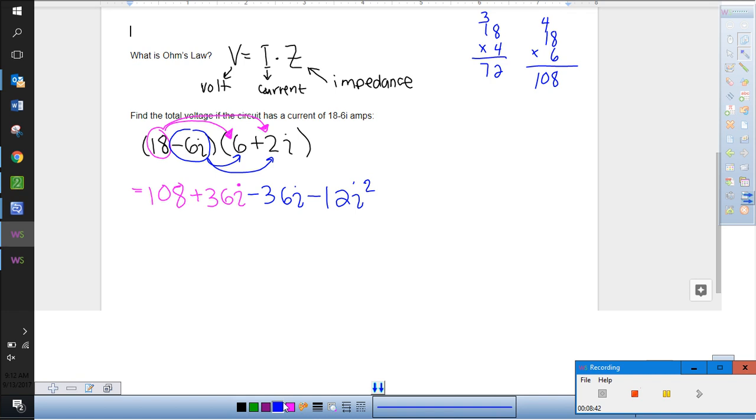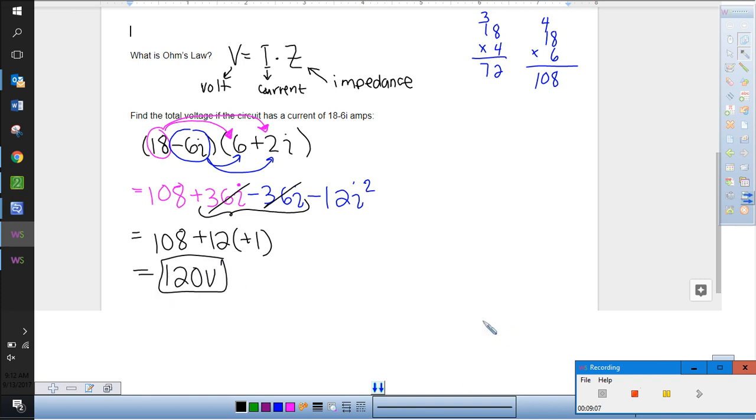Now I combine like terms. I get 108, the 36i minus 36i become 0, and minus 12i squared becomes negative 12 times negative 1, and two negatives become a positive. So 108 plus 12 is 120 volts. Notice both methods get us to the same result.